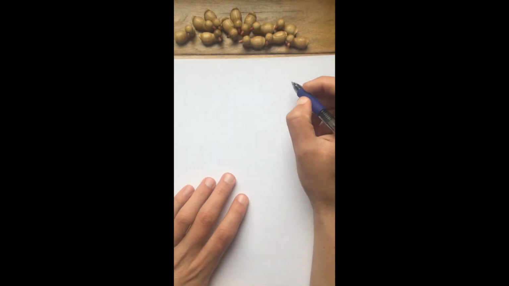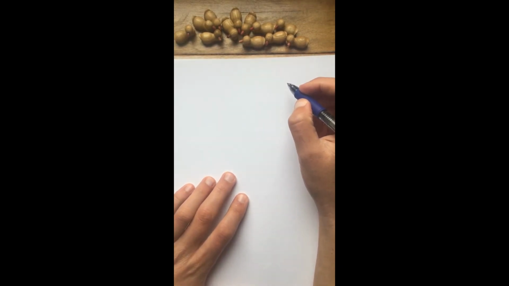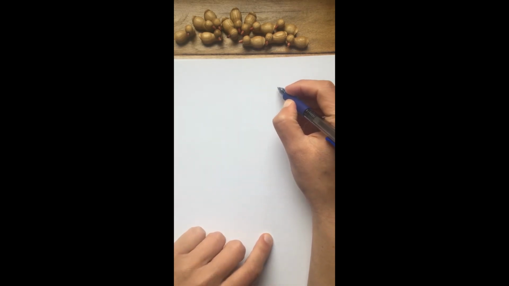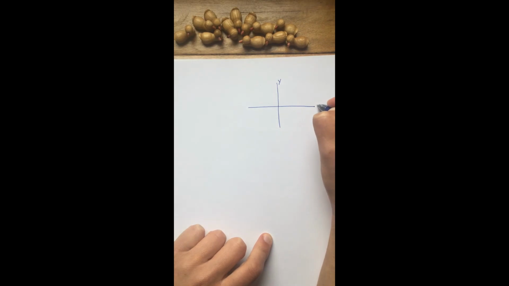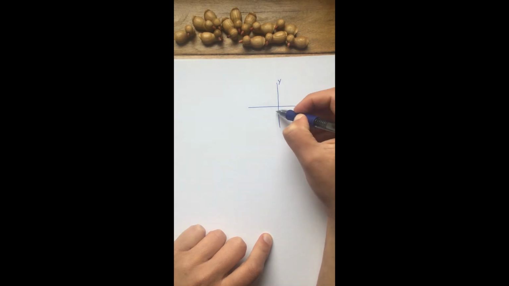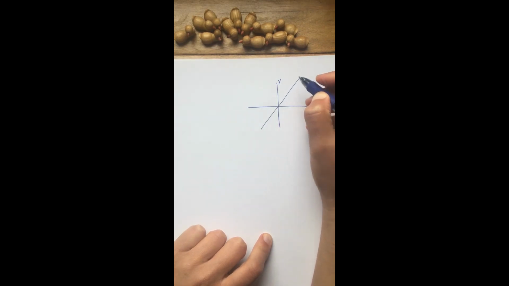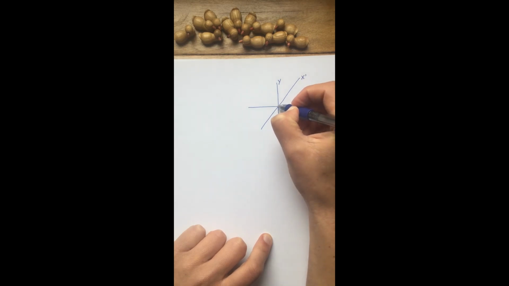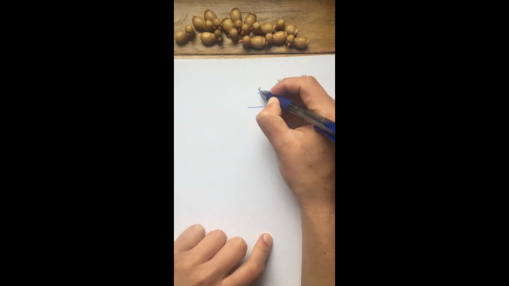Okay, so I'm going to copy down the diagram that they gave me for this problem. Unfortunately, they already called this the y direction and this the x direction. So the line of impact that they showed me here, I'm going to call this x prime, and perpendicular to that will be my y prime direction.